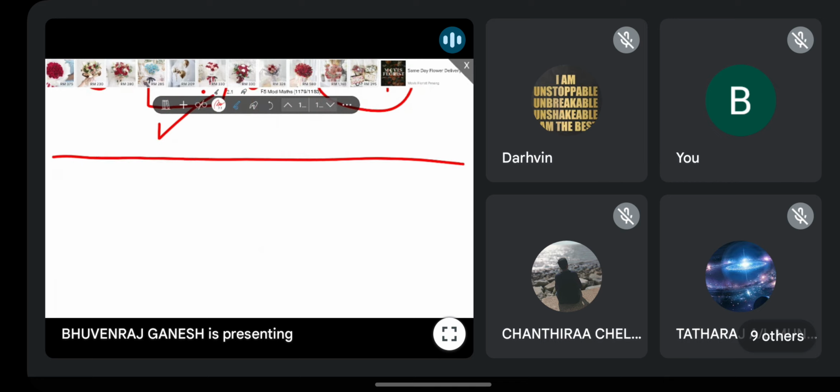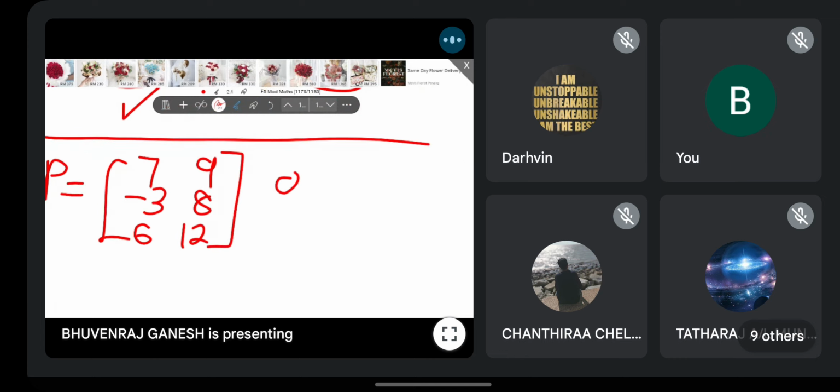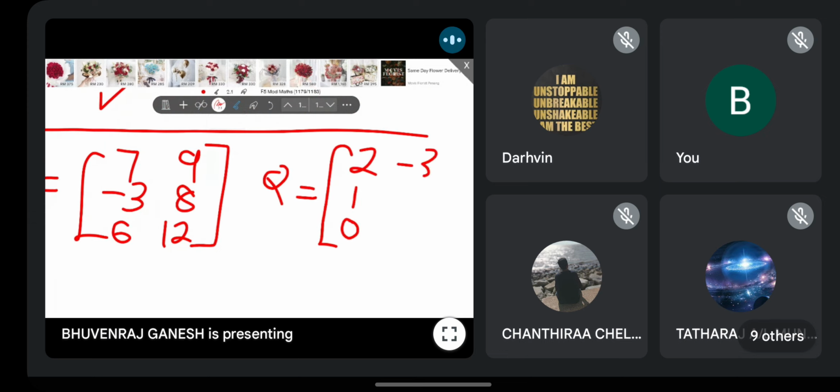So let's say, let me think and see. We try this one. Let's say P, the matrix is like this, and then Q, we try the multiplication first: -3, 5, 4.